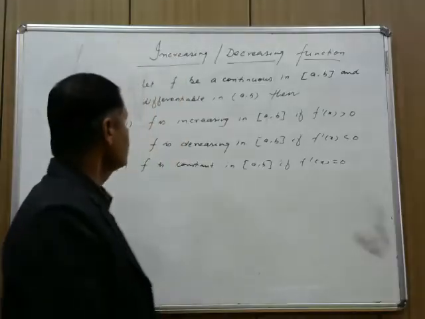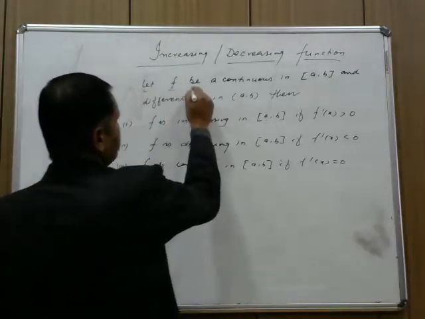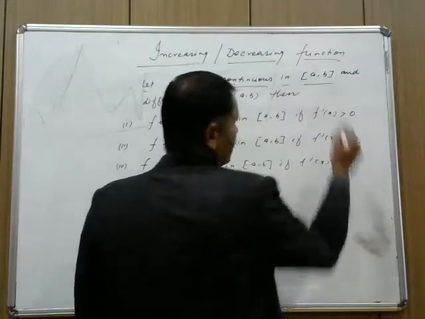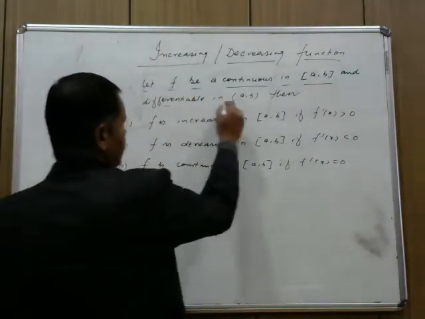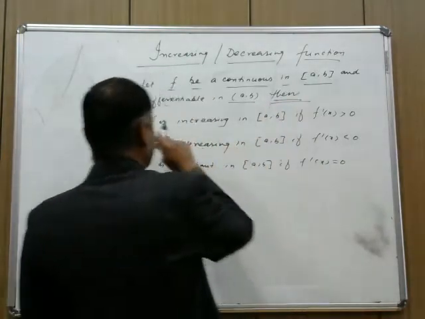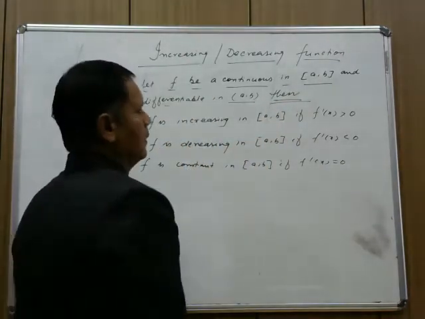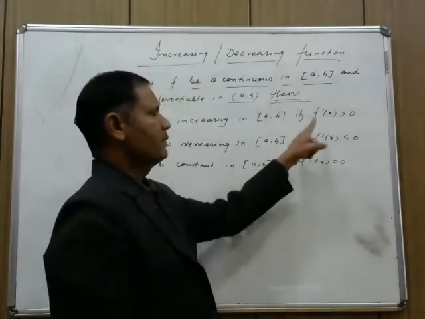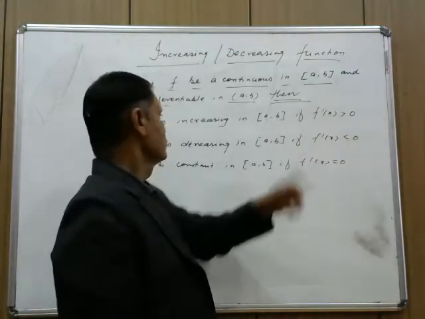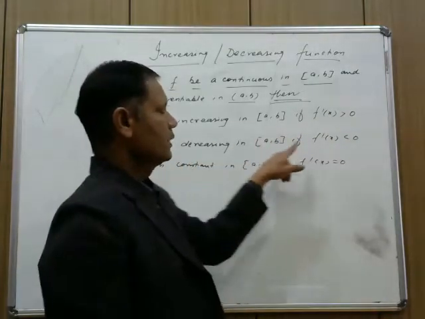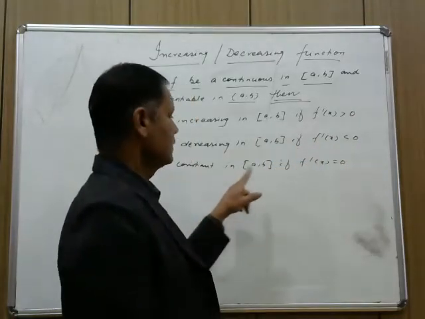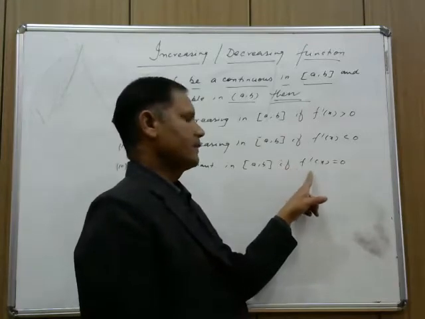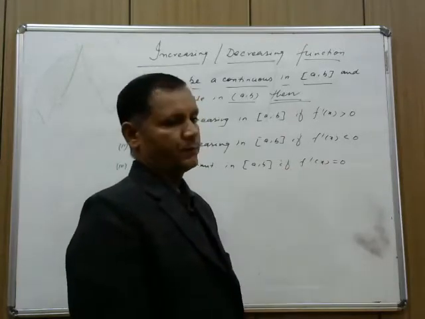Please note down this point: let f be continuous in the closed interval [a, b] and differentiable in the open interval (a, b). Then the given function f is increasing in the interval if f dash of x is greater than 0, decreasing if f dash of x is less than 0, and f is constant in the interval if f dash of x is equal to 0.